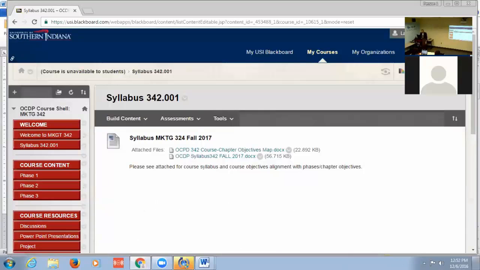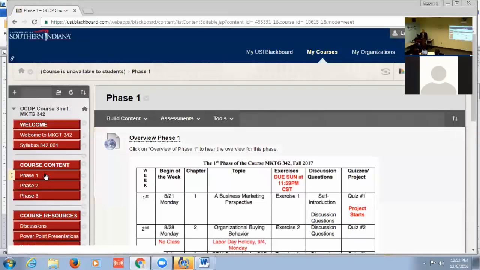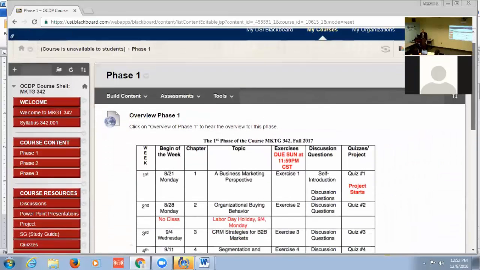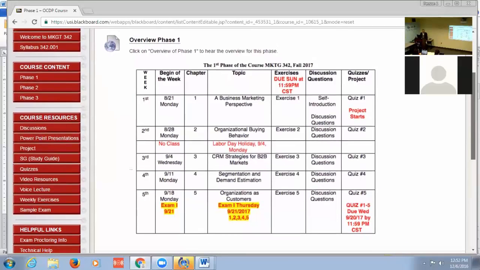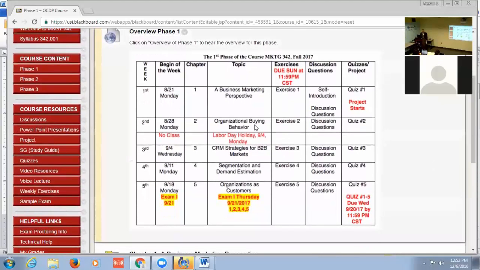With the syllabus, they can follow the content, but I also give plenty of information about the course sequence and the course lecture time: 15 weeks divided into 3 phases. If they click on phase 1, it shows the chapters, the starting date, and what is required each week.